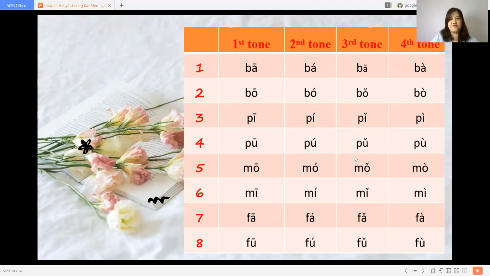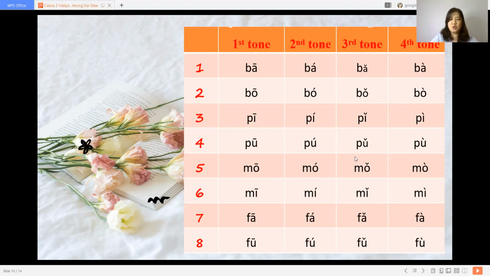We practice four tones. The first one, ba. Second tone, ba. Third tone, ba. Fourth tone, ba. Now, in line number 2, 我, 我.